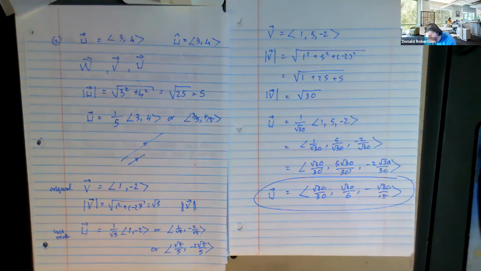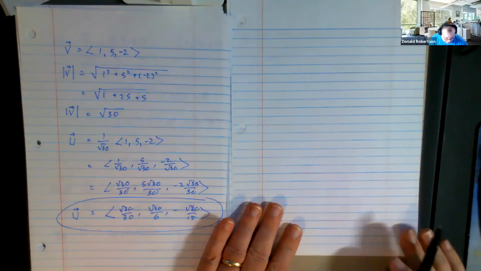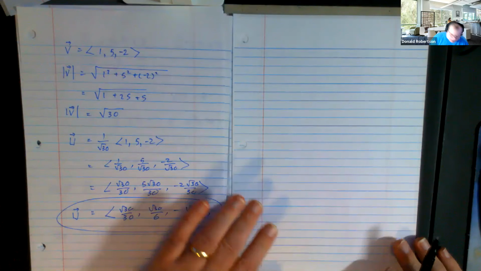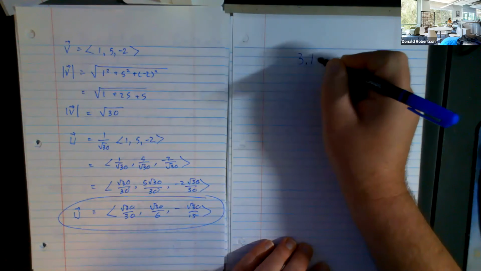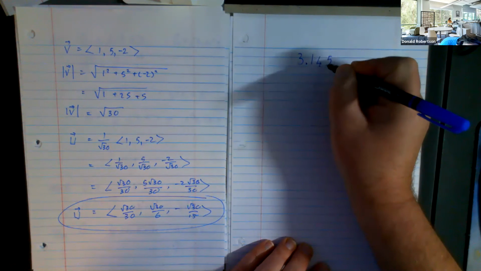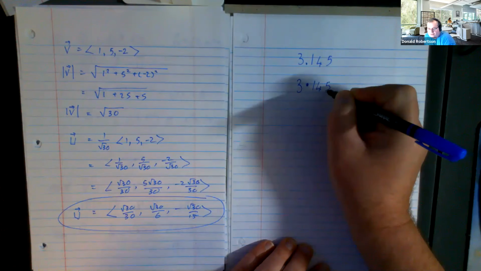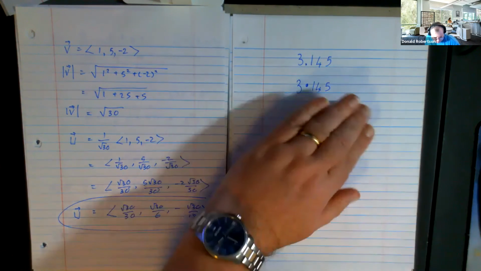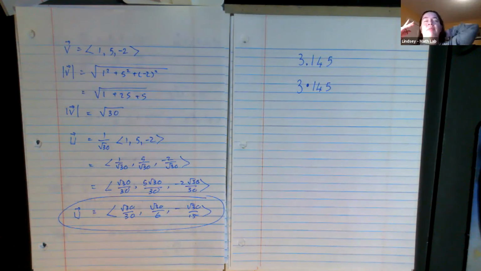Little side issue because it came into my head and I want to show you. This is what happens when mathematicians don't get together and decide on a standard way to write something. What have I just written down here? 3.145.